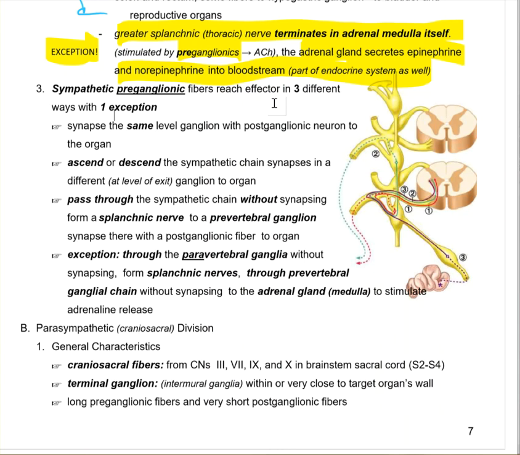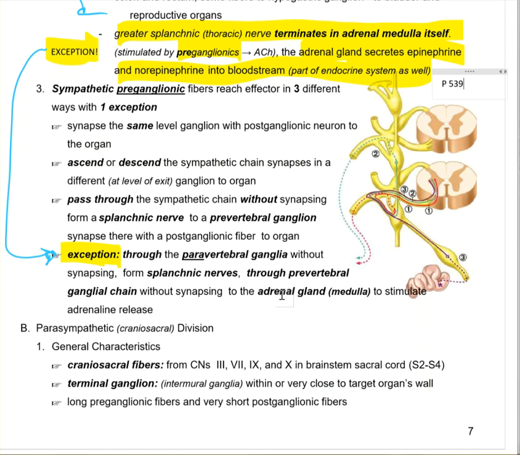So why don't we draw an arrow right now to that exception and highlight it so we see that we're talking about it again. Now, your book, on page 539, has a version of this picture, and I actually like your book's version better. So we're going to go over to this, and we're going to show you the 3 different ways plus our exception way that the fibers travel out. Okay?